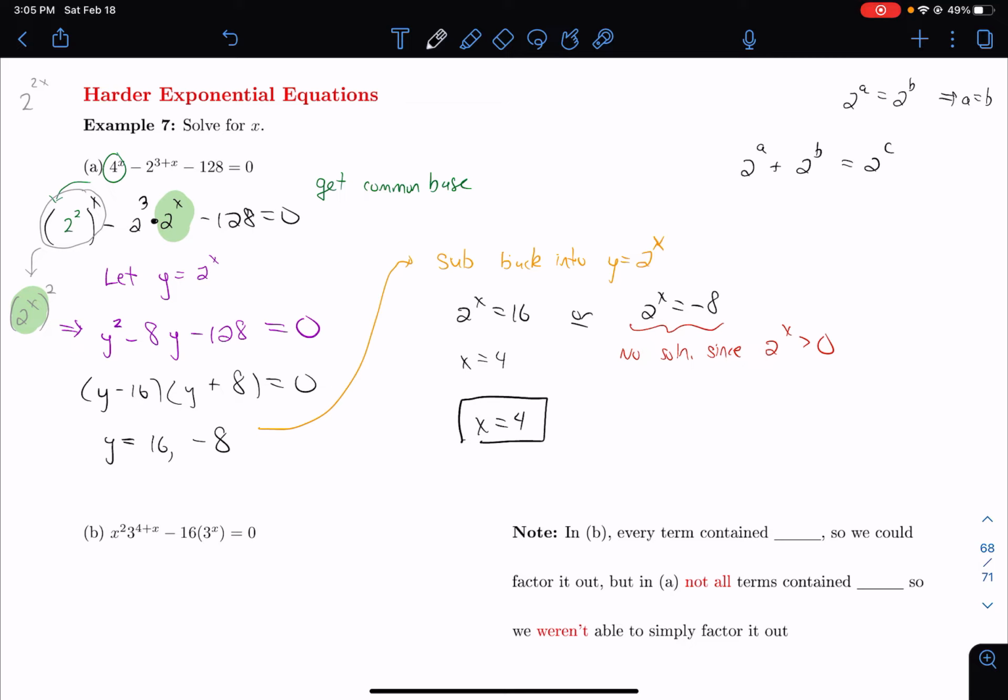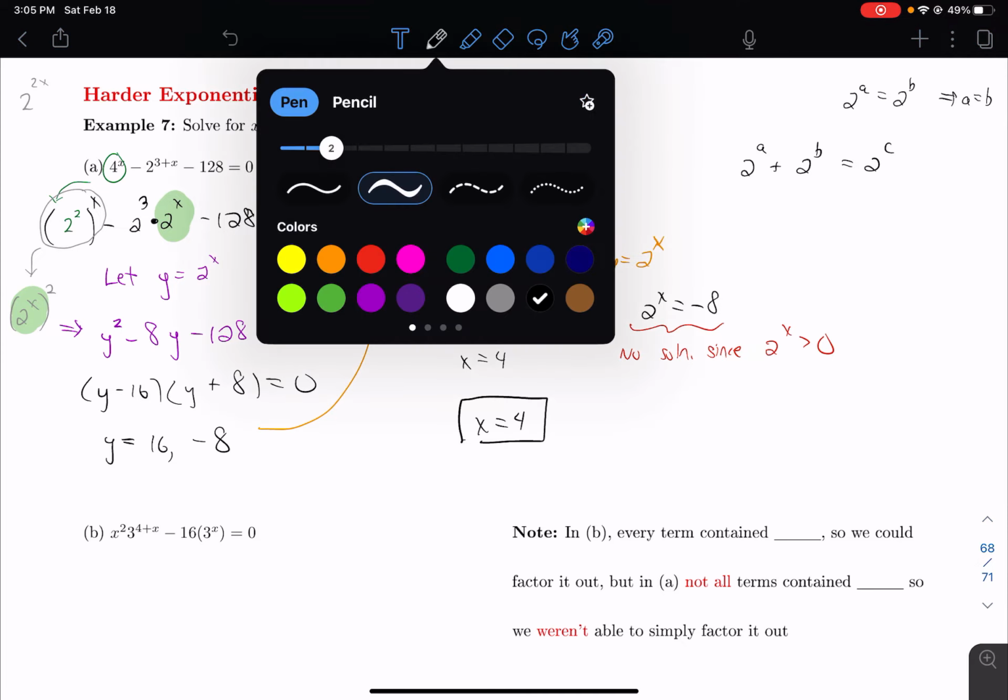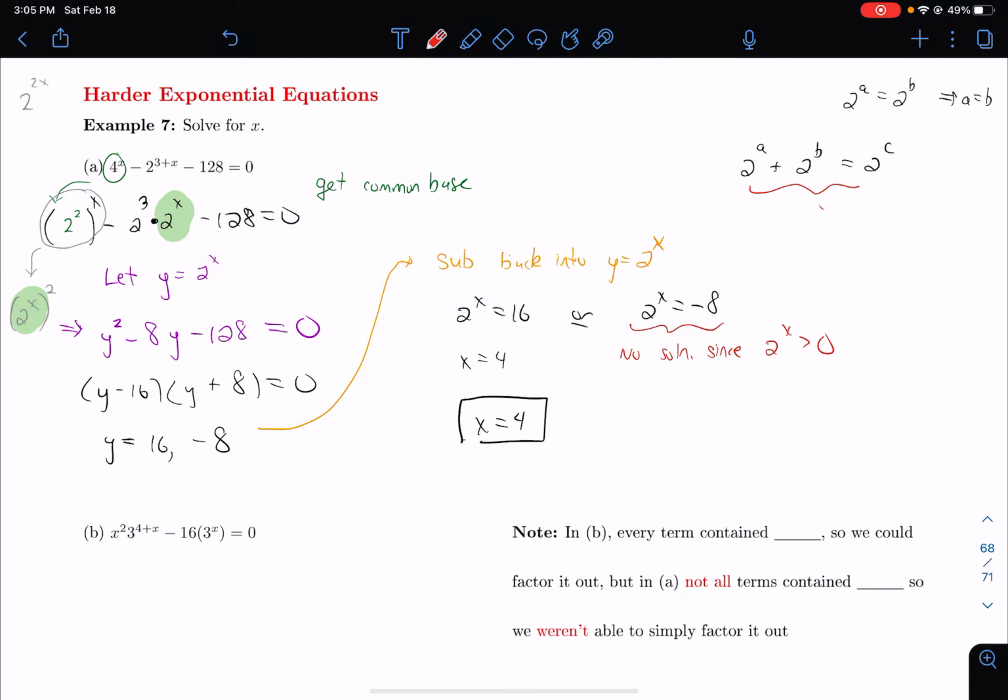I cannot just set the exponents equal. That only works if on the left-hand side there's just one 2 to a power term, and on the right side there's just one 2 to a power term.